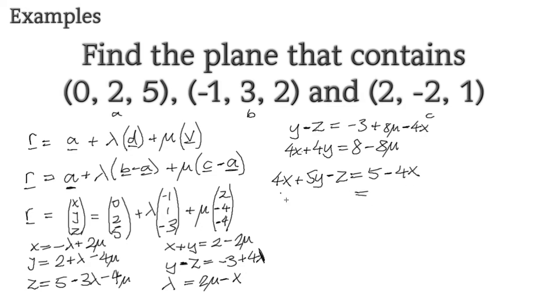Now rearrange, we get 8x plus 5y take z take 5 equals 0, and this will be the equation. From this we can pluck out the normal vector as (8, 5, -1), and this will be important to note down. Just write it on a piece of paper or something. Actually, I'll just leave this whole thing in the corner when I do the vector approach.